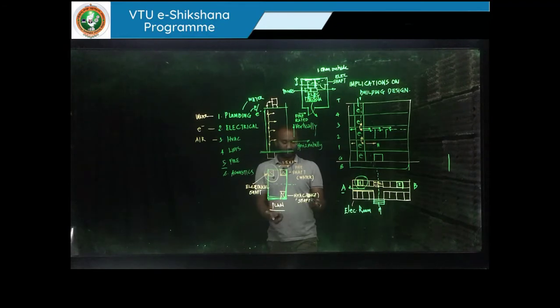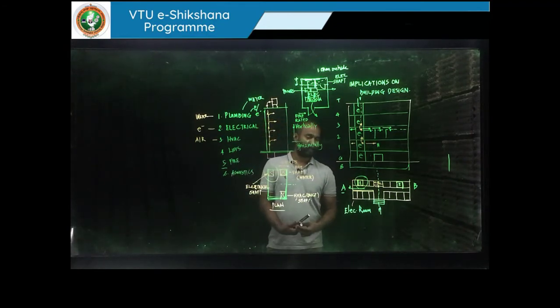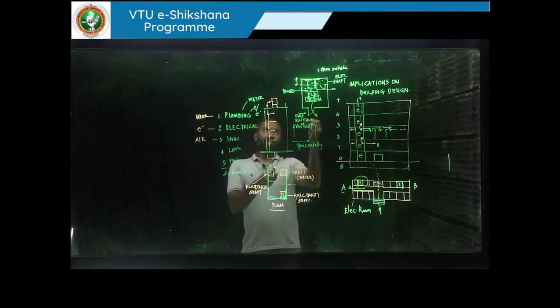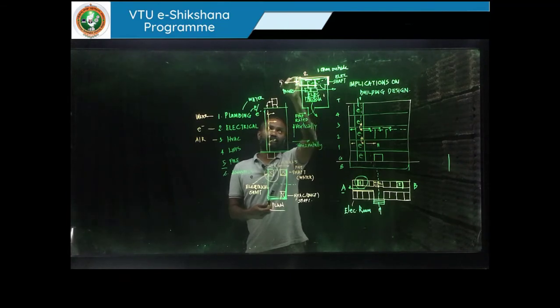Of course, somebody can think of the next step. I'm just saying the core shaft position alone has to be the same. The electrical room can change its position. It can happen this way or it can happen this way, but what cannot change is the shaft location, right?